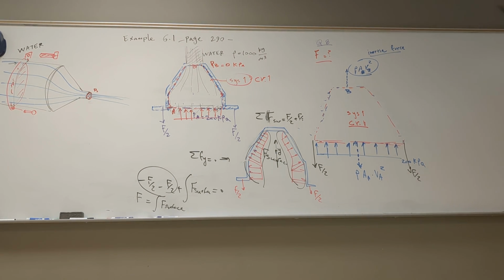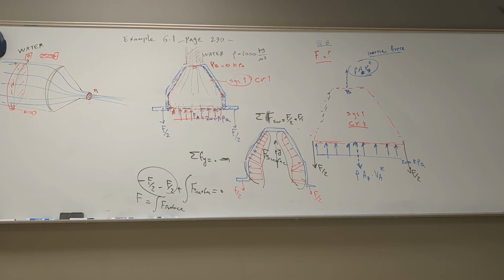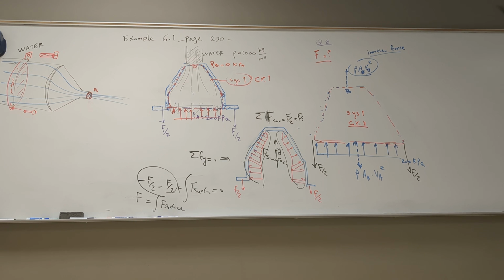One equation is continuity, which basically you will solve with that integral, but in this case you get the sum of rho V dot N dot A must be 0. So this is the continuity equation.